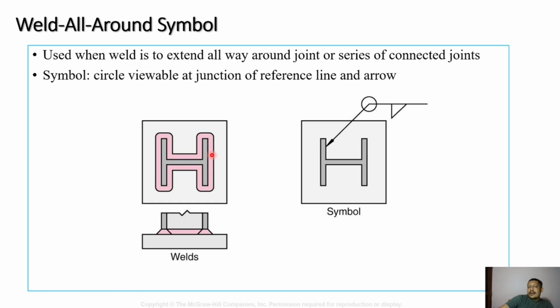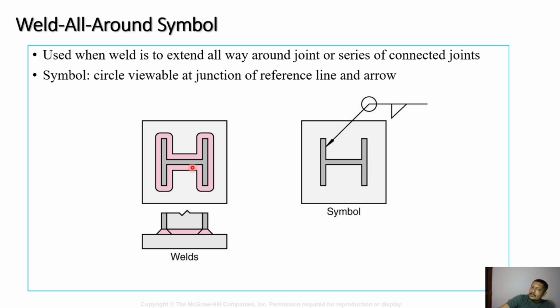That is called an all around weld. So all around fillet weld. I have drawn the fillet weld dimension. The weld dimension I can enter here, and I put a circle over the joining area of the arrow and reference line, indicating that an all around weld has to be performed.